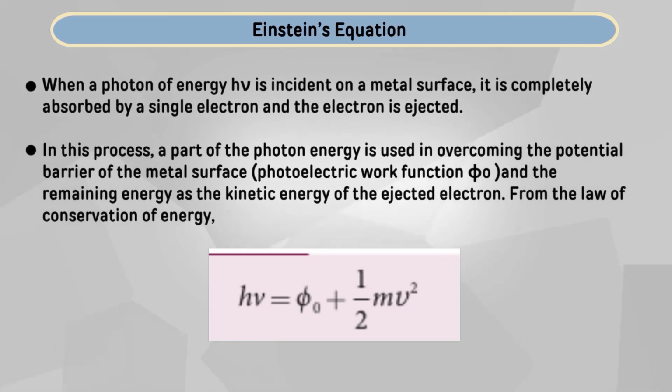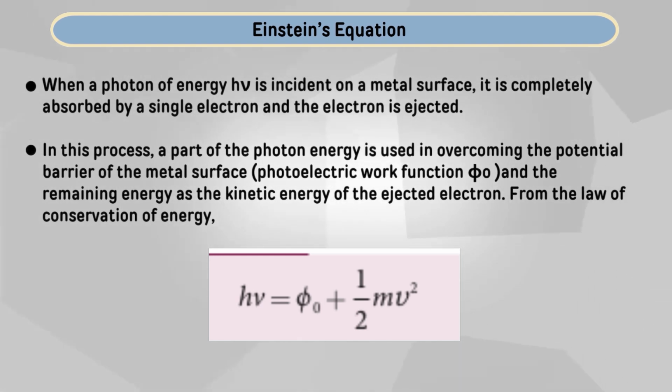In this process, one part of the photonic energy is used in overcoming the potential barrier of the metal surface, which is the work function, and the remaining energy becomes the kinetic energy of the ejected electron. The electron absorbs energy equivalent to the work function from the photon, tries to come out of the metal surface, and if it has energy remaining, it gains kinetic energy.